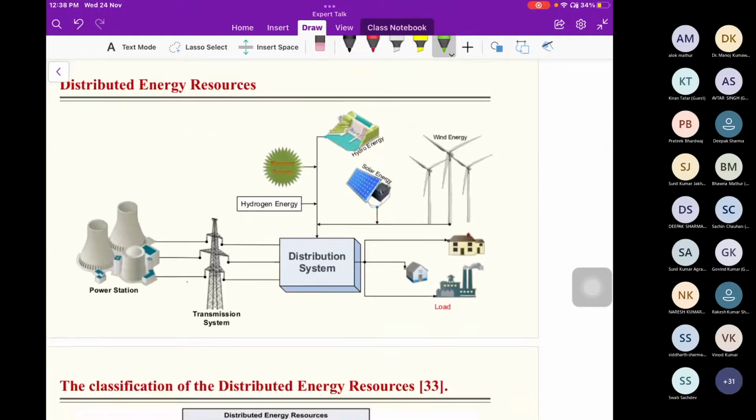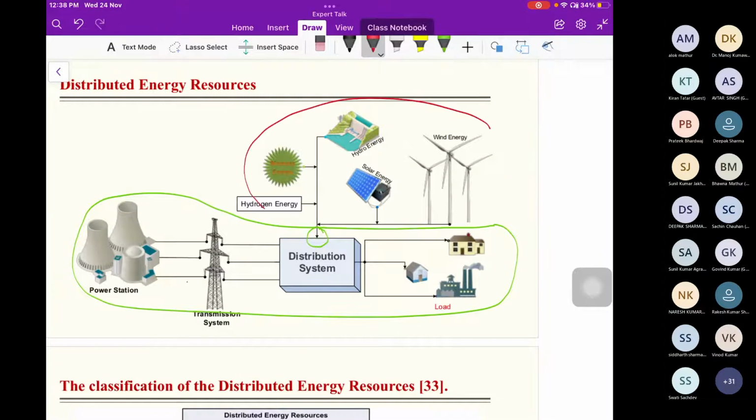Now we will connect this technology to the conventional systems. The structure of the distribution system remains as it is in the conventional system, but we connect these technologies: biomass, hydro, solar energy, wind, hydrogen energy. These units can be integrated into the distribution system.